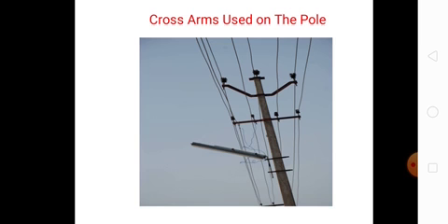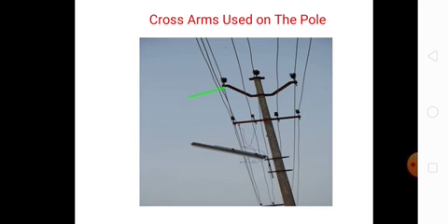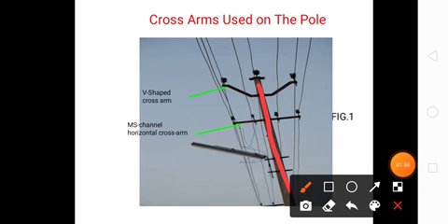Right. Cross arms are used on the pole. Here these are the cross arms. You see here it is a V-shaped cross arm. Here it is a direct cross arm. V-shaped cross arm. MS channel horizontal cross arm. Here this is the pole.